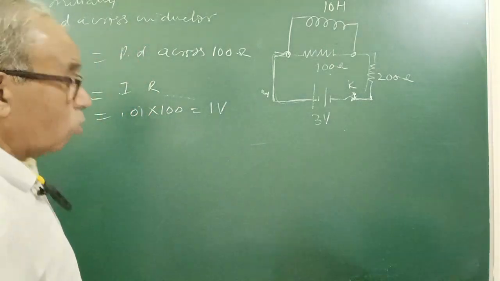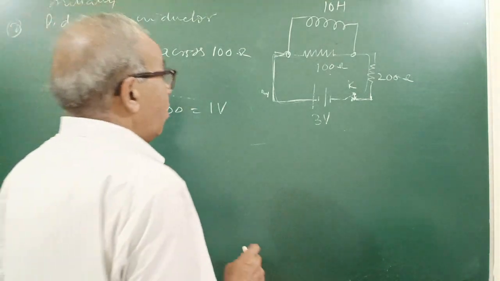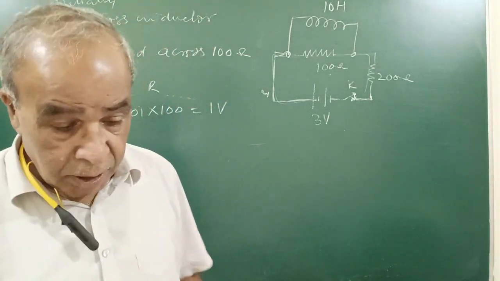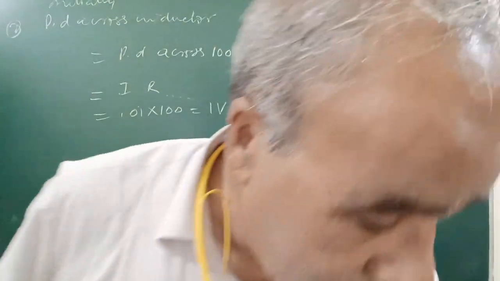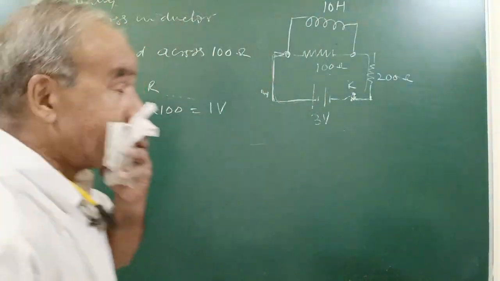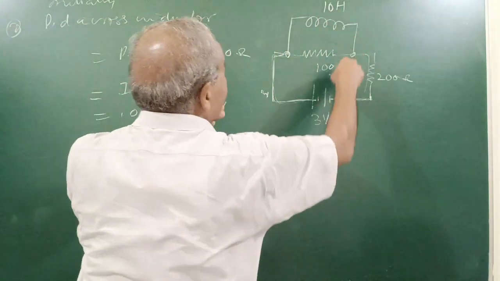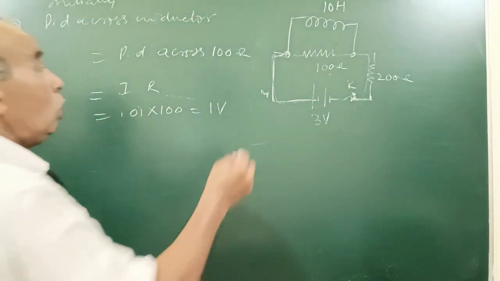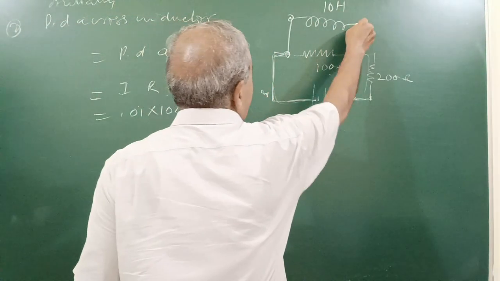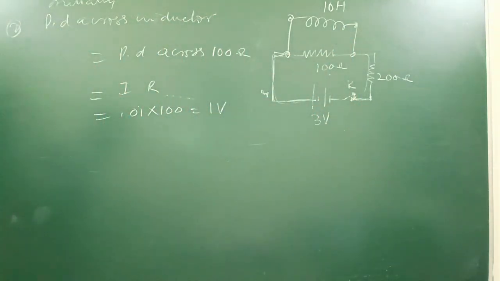Then the final current drawn from the battery. Finally, when the induced EMF stops, saturation current flows and no potential difference will take place.